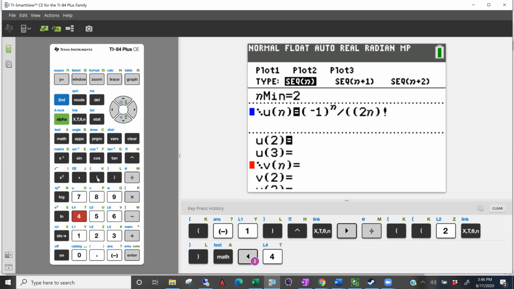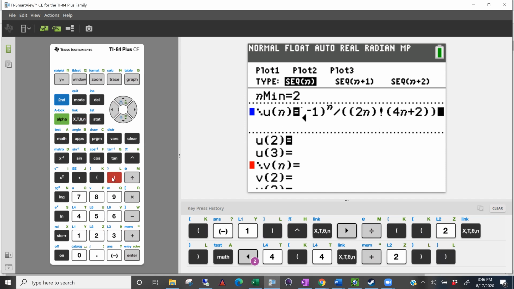And then left parenthesis, 4n plus 2. Right parenthesis again. The first one closes off your binomial, the second closes off the denominator.